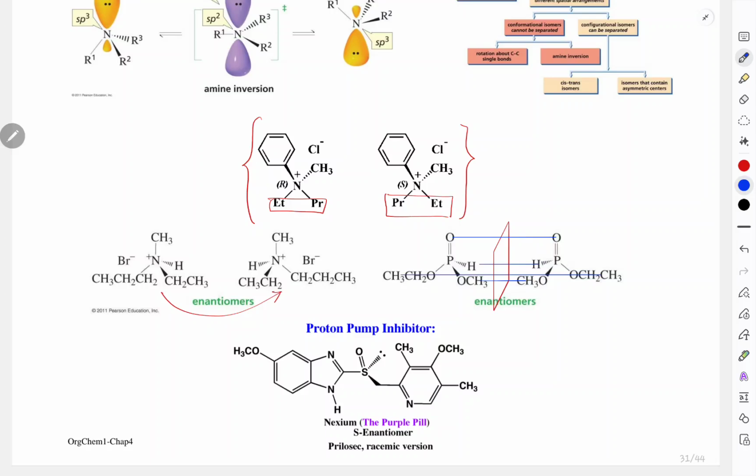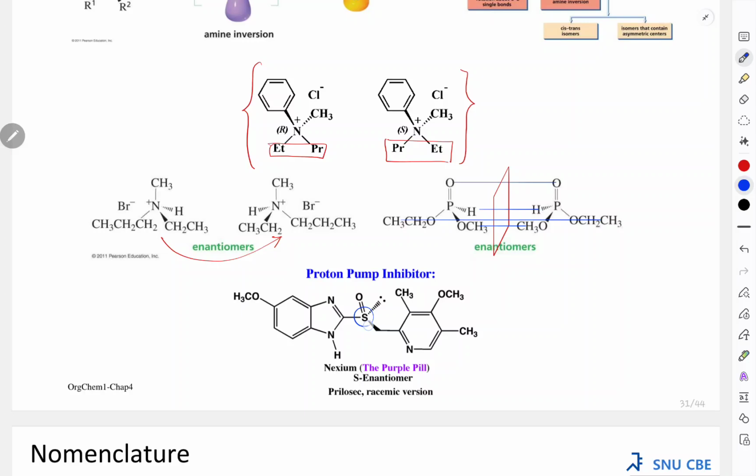And perhaps you can identify the R or S system. In this case, you have the lone pair. It's a tricky case. You need to know how to define R versus S in this particular case. The point here is this sulfur site is serving as an asymmetric center with the lone pair. Okay, so you have 4 different arms. 1, 2, 3, 4.